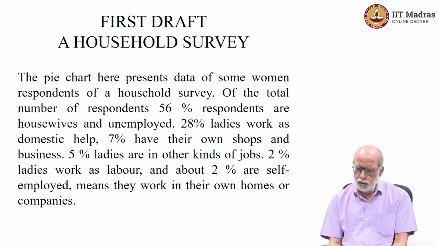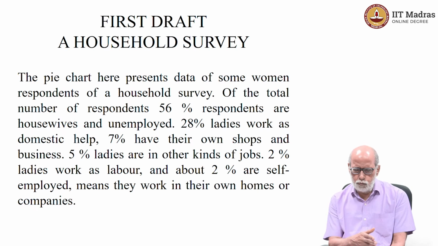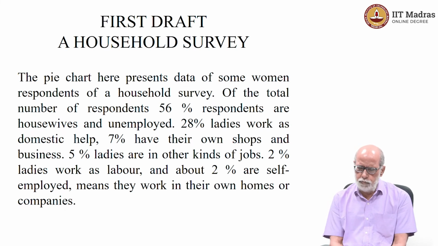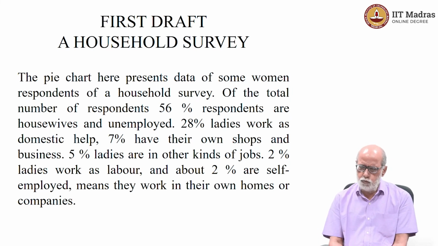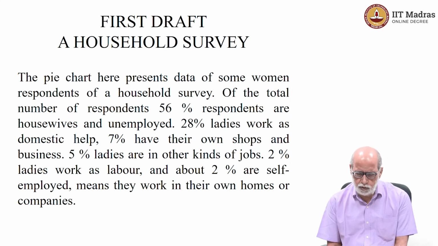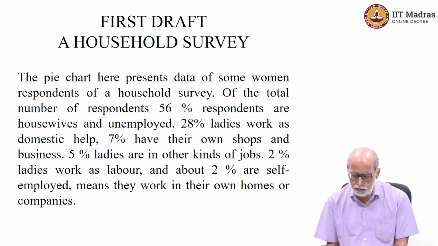Simple. Okay. And then we don't have to say of the total number of respondents. We can simply say all respondents are women, 56% respondents are housewives and unemployed. Okay. So we save a whole lot of these words of the total number of respondents.